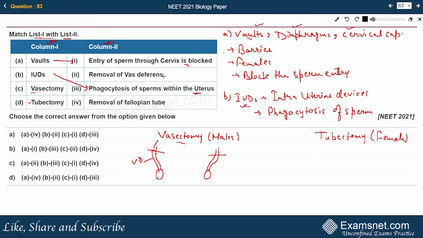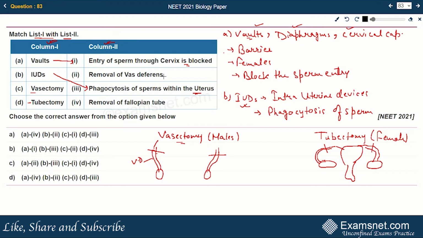Whereas in case of tubectomy, a similar surgical method is followed, but here what is cut? The fallopian tube is cut. Suppose this is your ovary. Eggs are produced in the ovary, and from here they are transported through the fallopian tube. To prevent this transfer, the fallopian tube is cut and tied up.